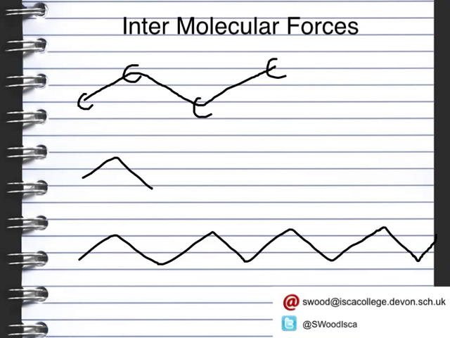Now if we had 2 short chains side by side, they actually have a force of attraction. So this is one molecule, this is a second molecule, and they have forces of attraction between them.